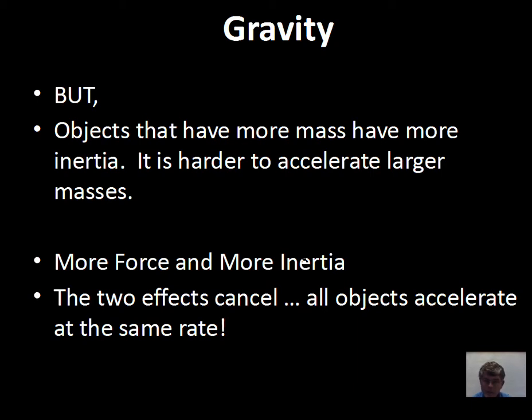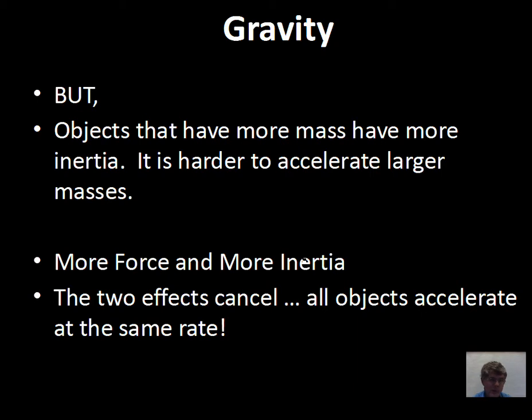All objects accelerate at the same rate as they fall. This is ignoring air resistance. So you have to choose objects that are relatively dense, so that air resistance is not important. But it is true that if you ignore air resistance, all objects fall at the same rate towards the surface of the Earth.